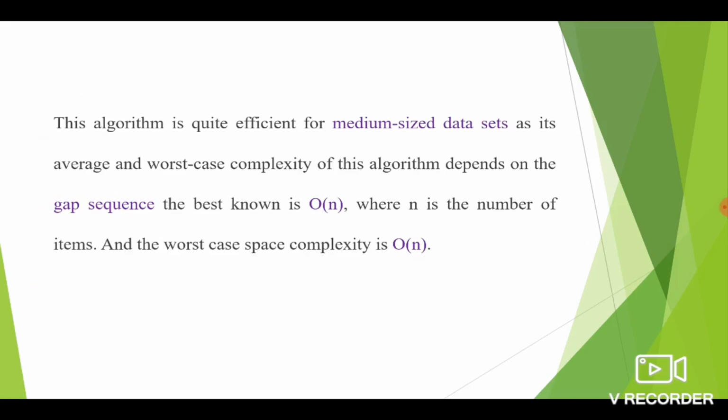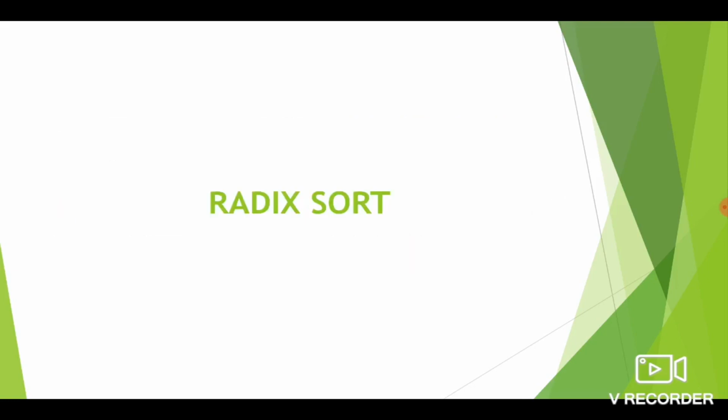This algorithm is efficient for medium-sized data sets. Its average and worst case complexity is order of n, where n is the number of items in the array. And the space complexity is also order of n for the worst case. So that's about the shell sort.